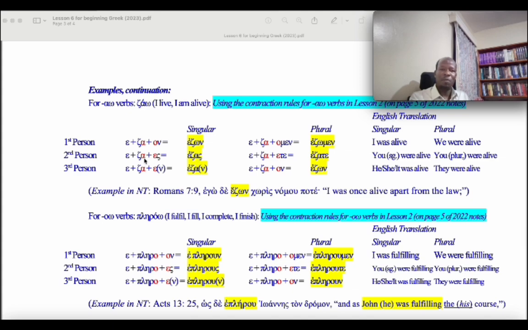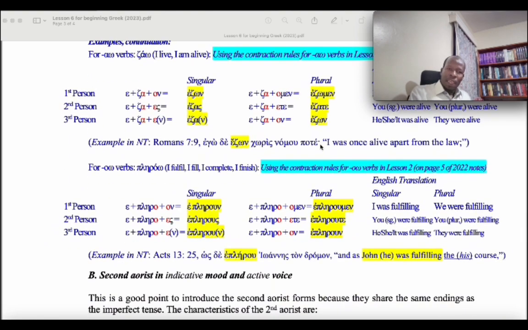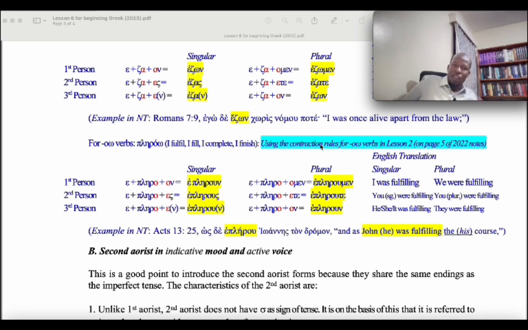So alpha plus epsilon gives alpha, and again alpha plus epsilon gives alpha, and then this rule applies: alpha plus omicron gives omega, the long vowel. Then we have the verbs whose stems end with an omicron.